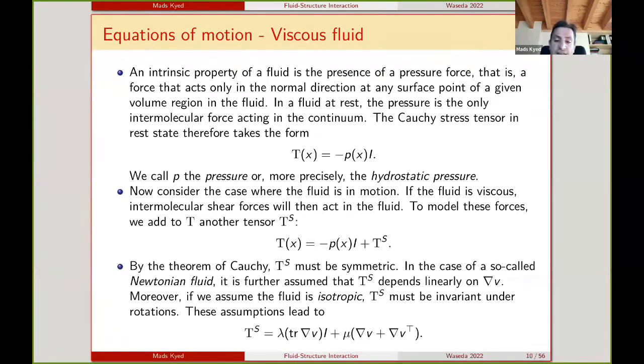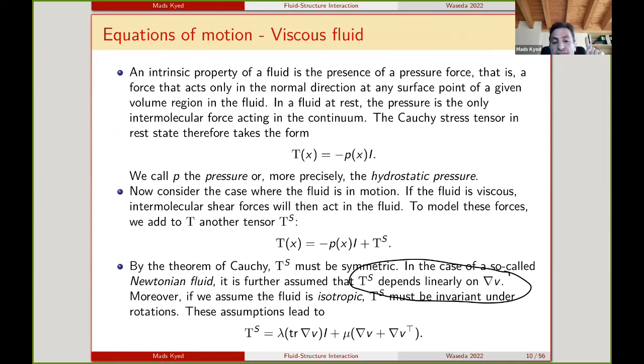Again, we have to make some assumptions, and the main assumption is to say that our shear stress tensor depends linearly on the gradient of V. Actually, by Cauchy's theorem, the whole stress tensor must be symmetric, so the shear stress will depend on the symmetric part of the gradient of V, in fact.